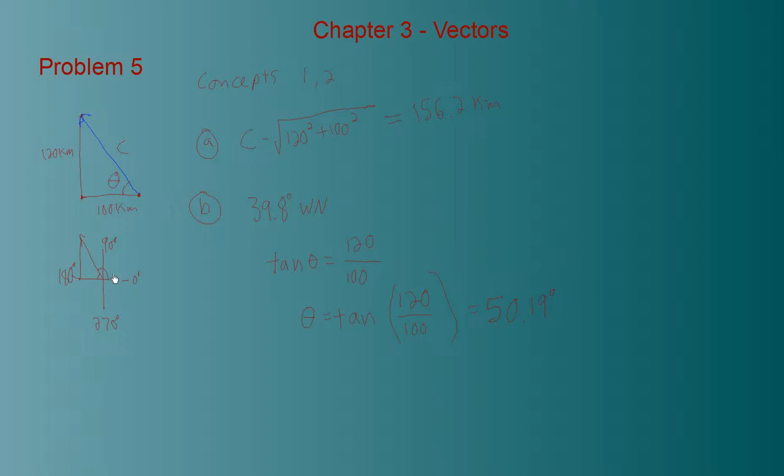But that 50.19 is this. We want this, so we have to subtract that from 180. Notice, by the way, that this plus this equals 90. So that basically validates that 39.8 is the other piece of this 90-degree angle. Anyway, so 180 minus 50.19.